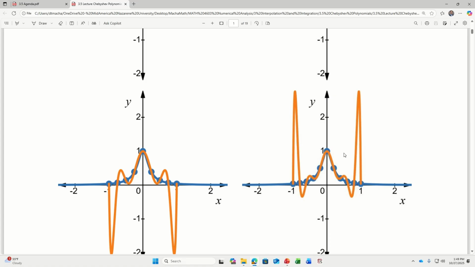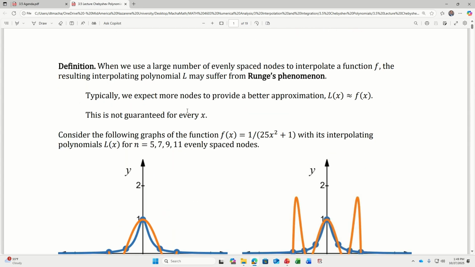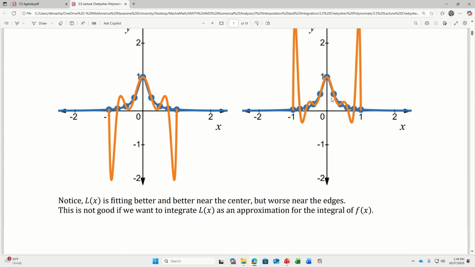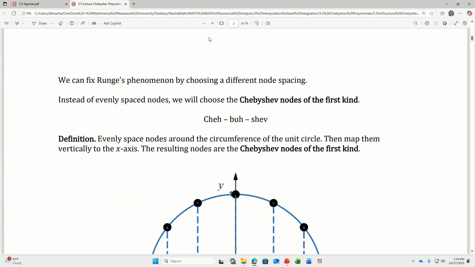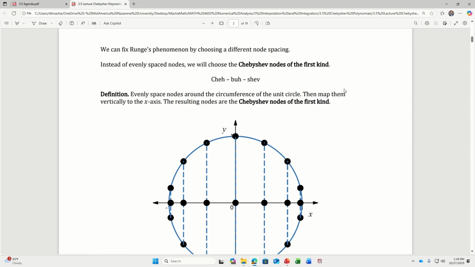So this is called Runge's phenomenon. The fact that these maximum absolute errors at some point along the interval are actually growing with the number of nodes instead of shrinking, that's called Runge's phenomenon. And it's not good for Newton-Cotes quadratures.